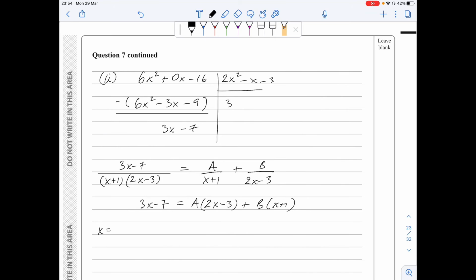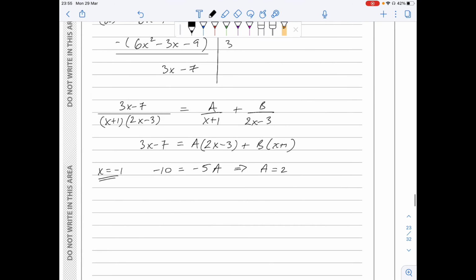Now, if x is equal to -1, this will give me -10 equals -5A. So A is 2. And if x is 3/2, I will get -5/2 equals 5/2 B. So B is equal to -1.